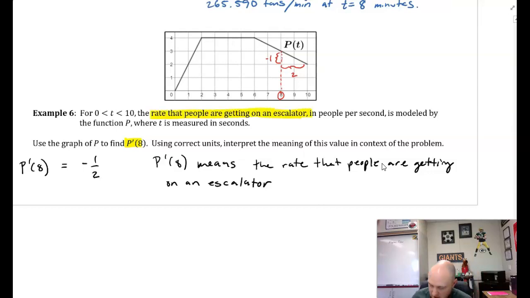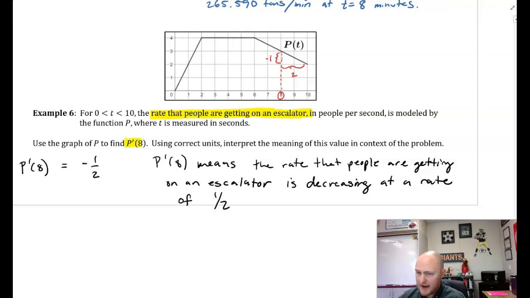The rate people are getting on an escalator, okay, is, and what's happening? Is it increasing or is it decreasing? Well, it's a negative answer. Is decreasing at a rate of, and here I'm just going to use the absolute value, so 1/2.